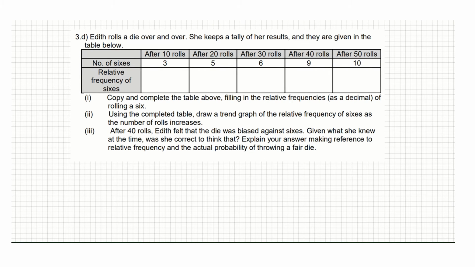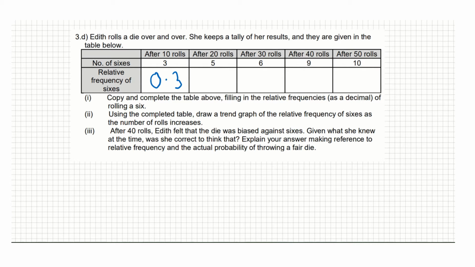Okay, part D, Chloe. I just want you to have a look at yours again. I don't think you copied the table correctly. Okay, so the relative frequency of sixes. So I have my calculator here again. So he got 3 sixes after 10 rolls. So that's 3 out of 10, which is 0.3.